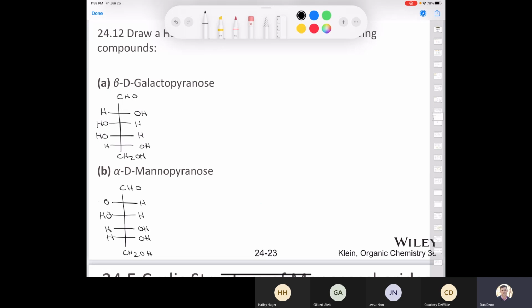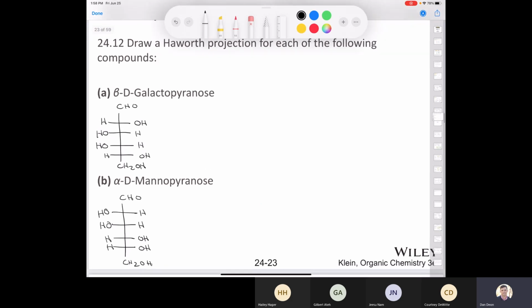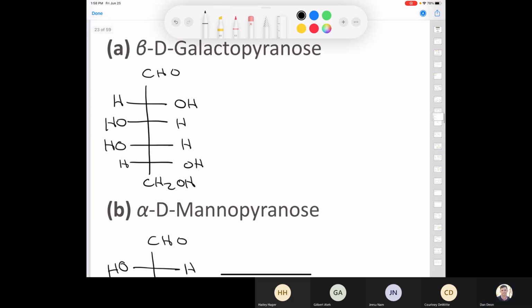All right. So it says to draw the Haworth projection of each of the following compounds. So what we're going to do with our galactose, and again, this is just D-galactose that I have drawn here, is first number the carbons. We have 1, 2, 3, 4, 5, 6.